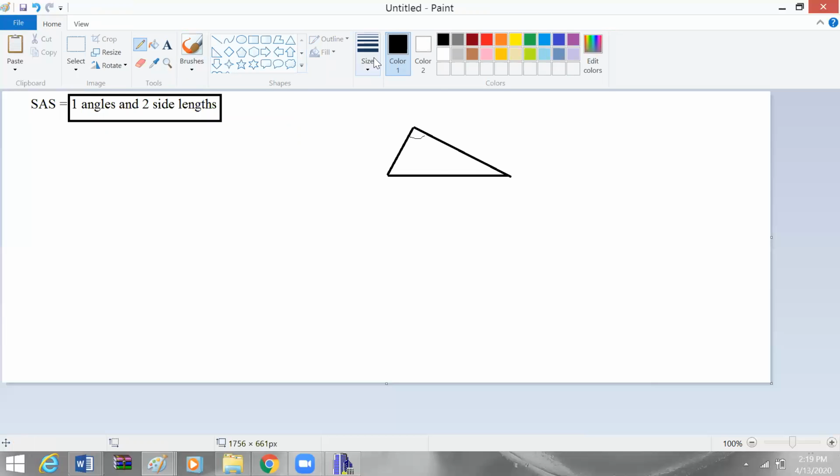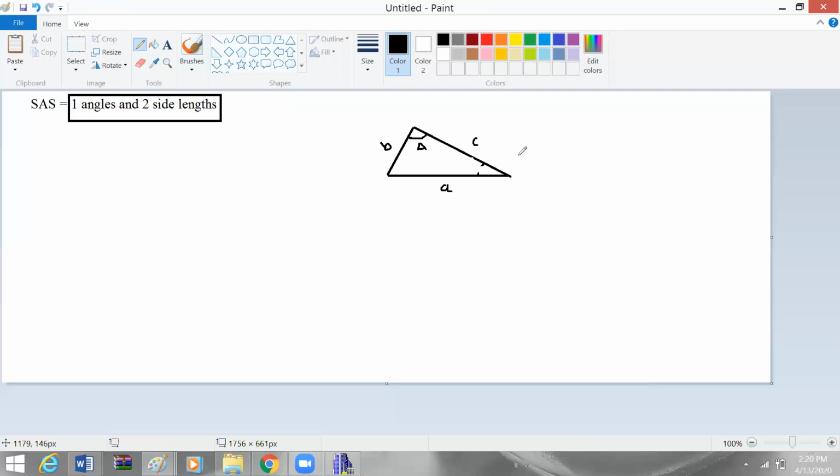I call this vertex A, and this one B. Actually, we don't need to label so many angles, but we need two side lengths, B and C. So we're going to utilize this fact to solve for the triangle.